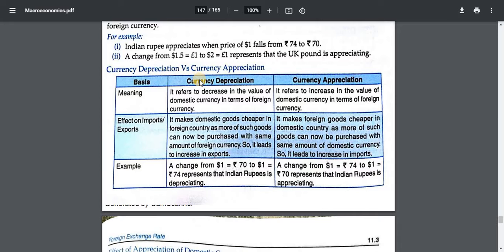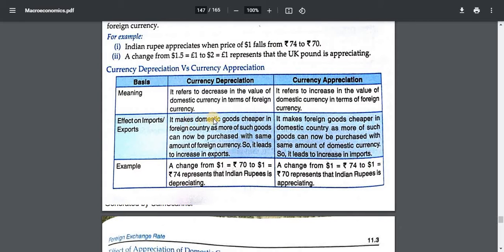Currency depreciation versus currency appreciation. Basis: Meaning. Currency depreciation: it refers to decrease in the value of domestic currency in terms of foreign currency. Currency appreciation: it refers to increase in the value of domestic currency in terms of foreign currency. Effect on imports or exports.